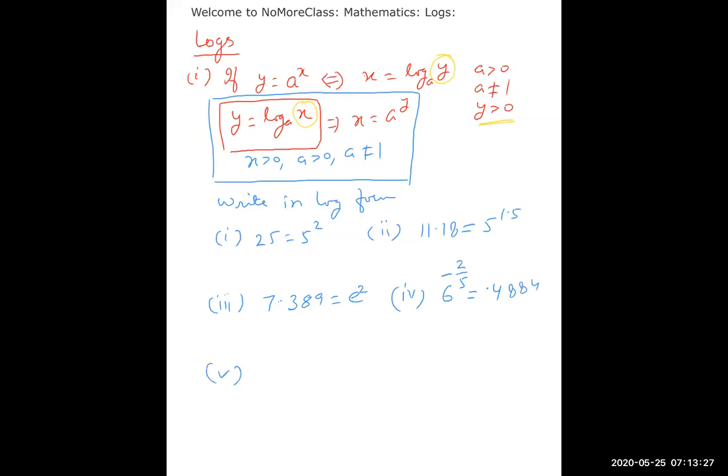And fifth, z is equal to m raised to power k. These 5 questions convert in log form, everybody, so that you are comfortable with how to convert in log form.